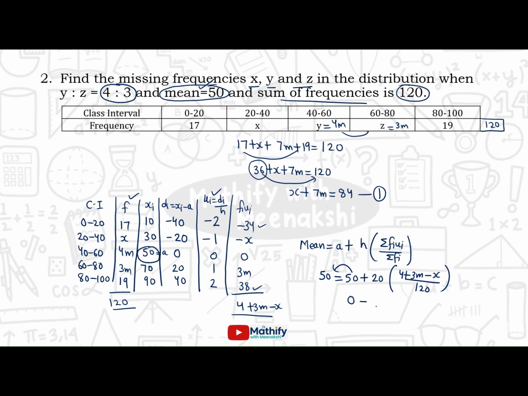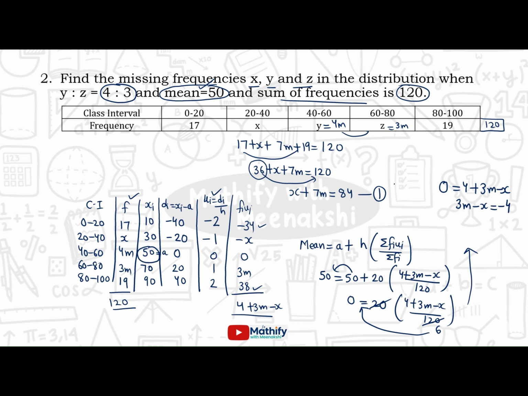Here you can write 20 into (4 plus 3m minus x) by 120. If you cut this, you will get 6. Now because this side is 0, if you transpose this, 0 into 6 is 0 only. So let's write after this, 0 is equal to 4 plus 3m minus x. That means you can write that your 3m minus x is equal to minus 4. This is your second equation.